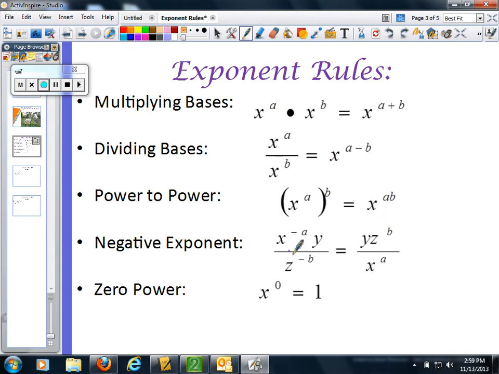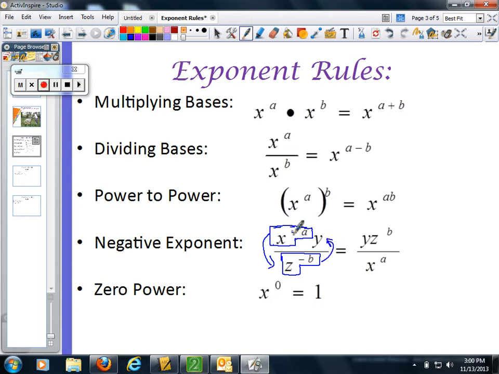The negative exponent, and I chose to show this one slightly different than probably what some of you have seen in the past, because it probably more clearly represents what you're doing here. So I have x to the negative a times y over z to the negative b. What you're doing here, you can tell, is taking only the base and the negative exponent, moving those to the other side, and making the exponents positive.